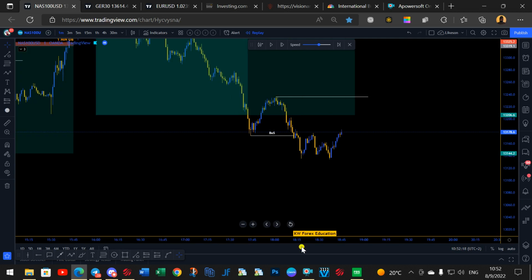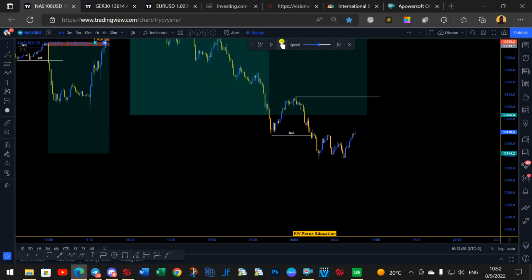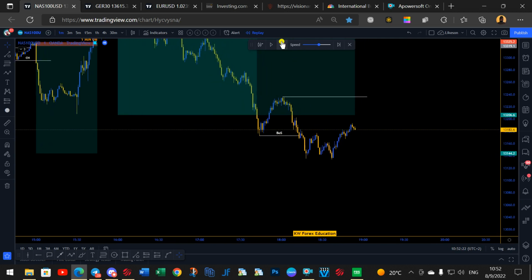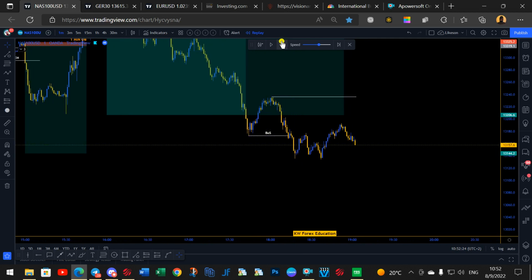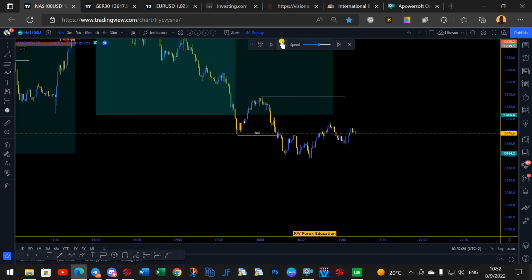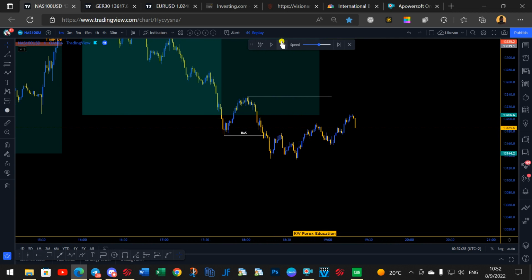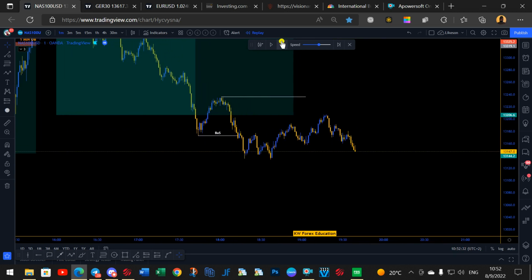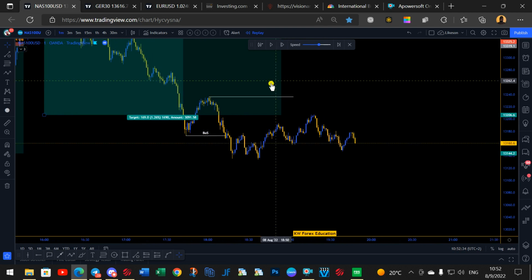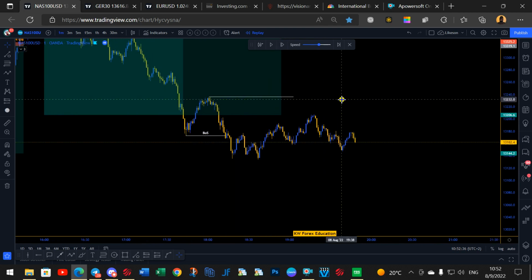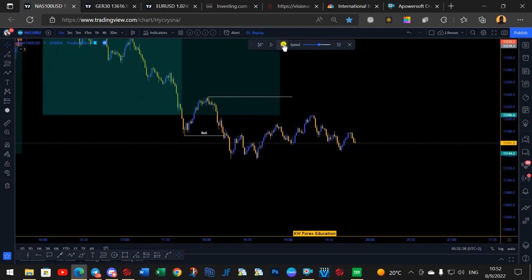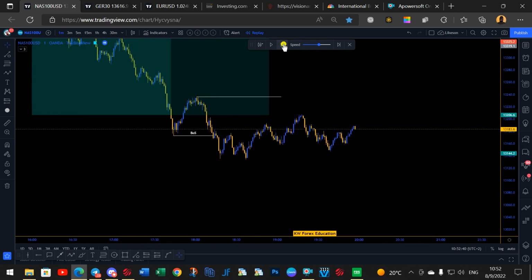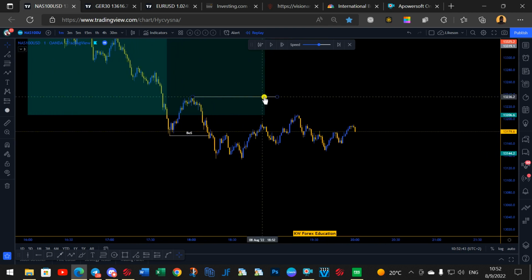So we'll just leave it like that. We'll still be in the trade even now. Remember, this is our highest point. Until that highest point is closed, this is where our trailing stop loss is, right?